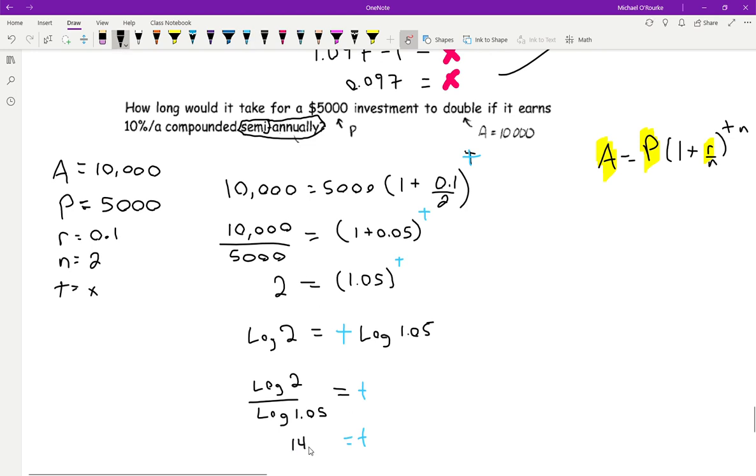Did we have success in getting the 14.2? Could anyone not get there?